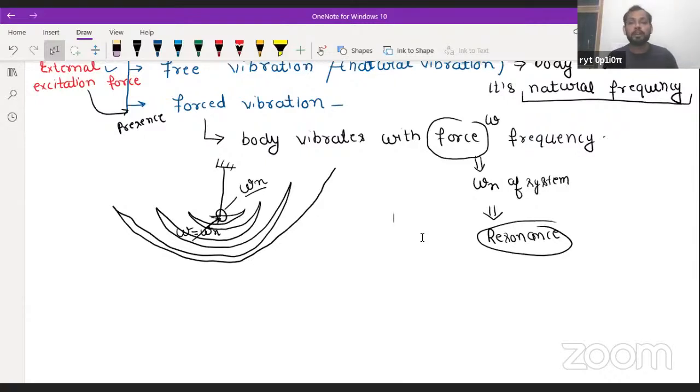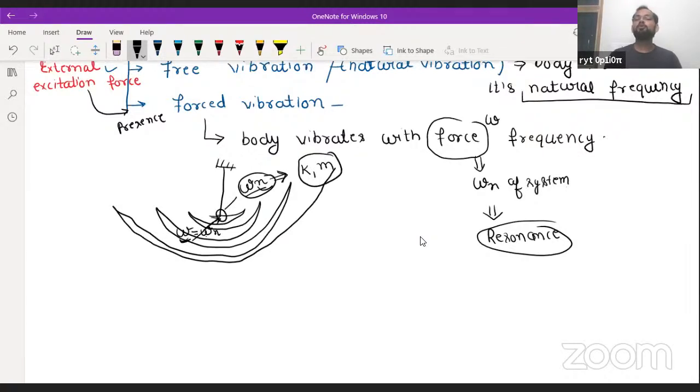So how we can avoid? As you know, resonance will occur only when your excitation frequency matches with the natural frequency, and this natural frequency we can easily calculate. Why? Because this natural frequency is dependent on system parameters. What are the system parameters? What is the stiffness of the system and what is the mass of that system?